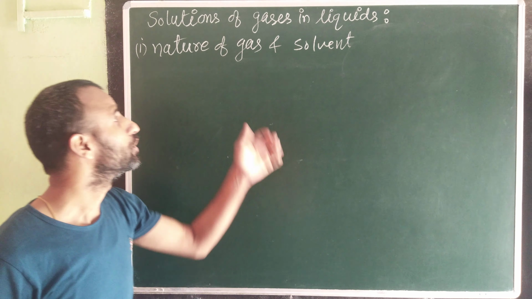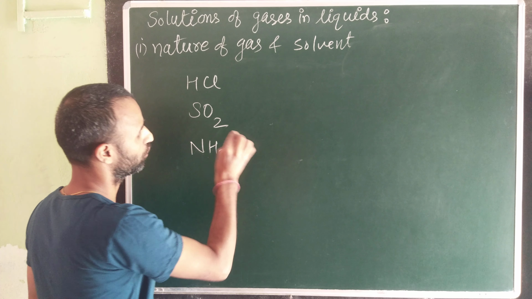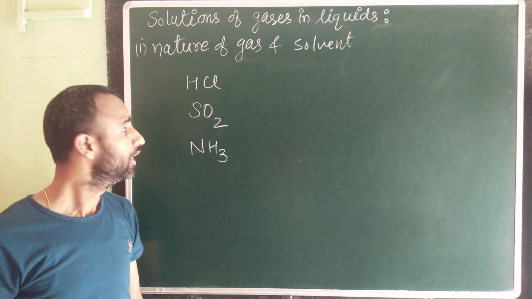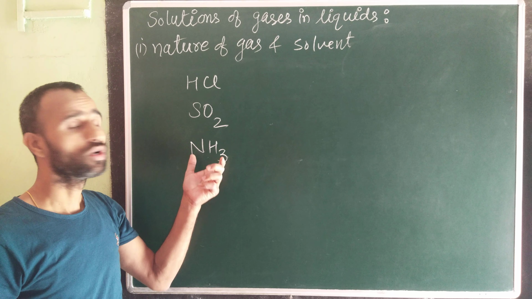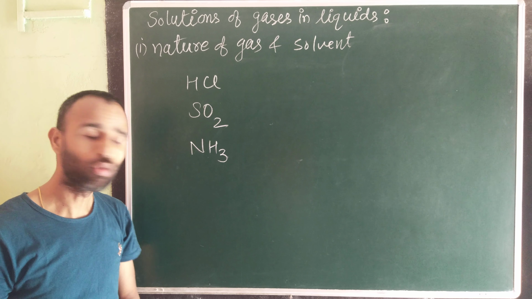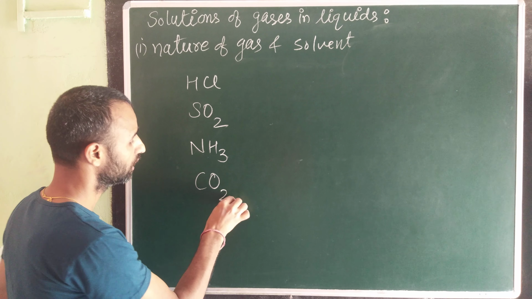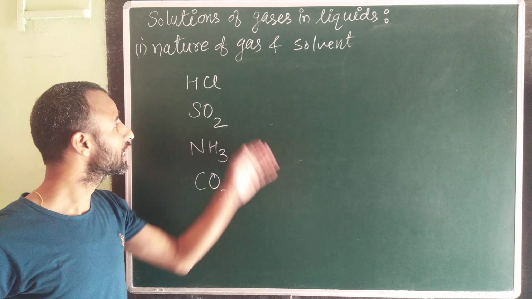So in water, those gases which can react with water, for example HCl, SO2, ammonia, and even CO2, these gases are more soluble in water than the gases which will not react with water.